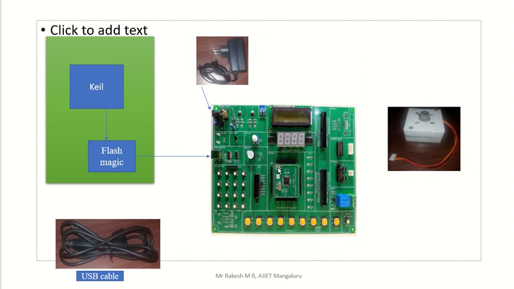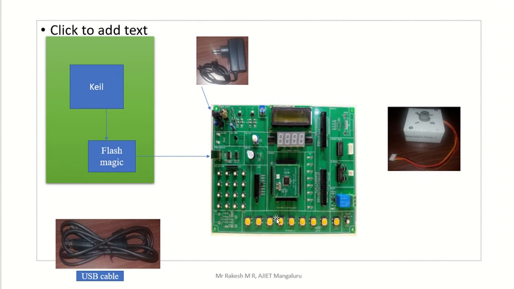Once that program is loaded, your kit, that means your stepper motor device, will rotate, either in clockwise or anti-clockwise direction. In the code itself we already set some interrupt keys.